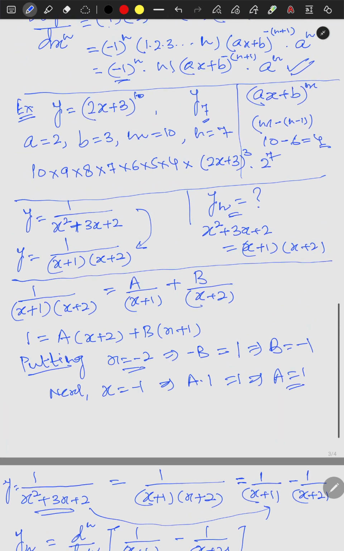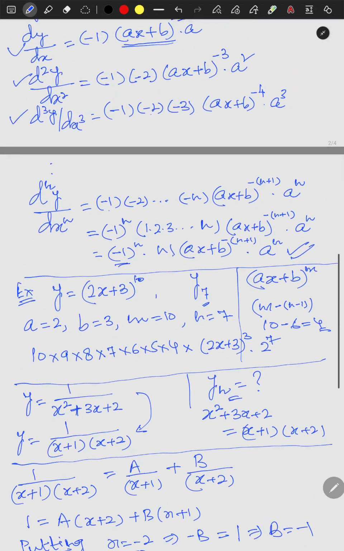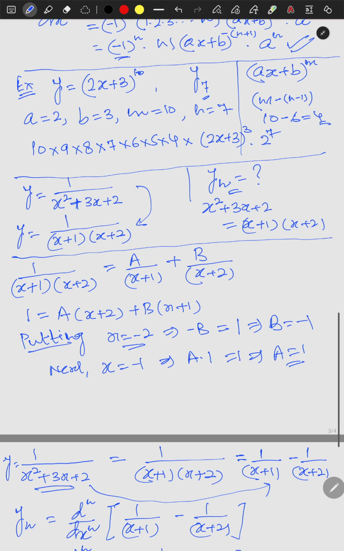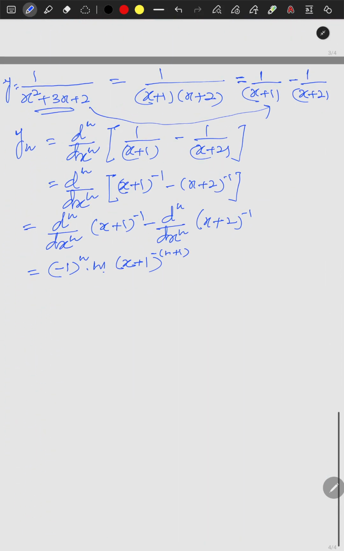And you can see that here we are having a to the power n as well in the multiplication. If you compare this with ax plus b, you can see that the value of a here is 1. So this is 1 to the power n, which means simply 1.